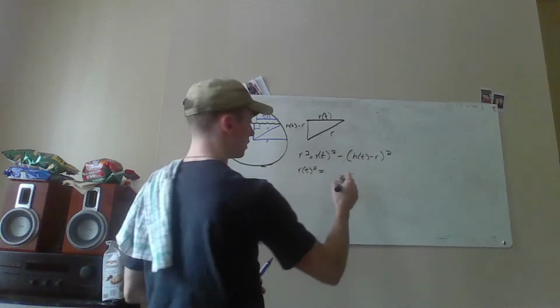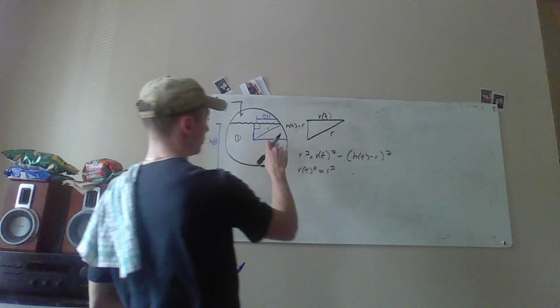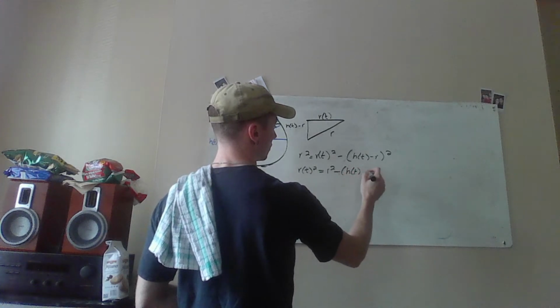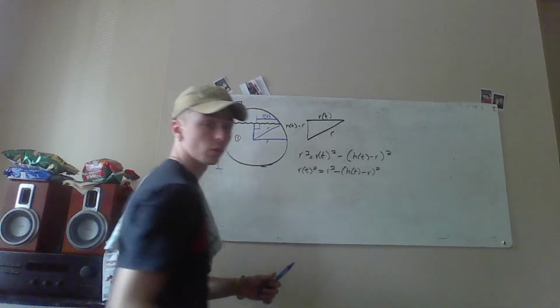the hypotenuse radius squared of the tank itself minus the height dependent on time minus radius, squared.